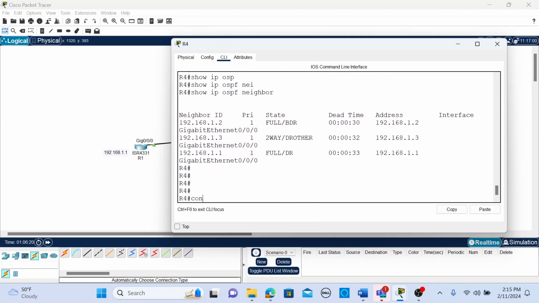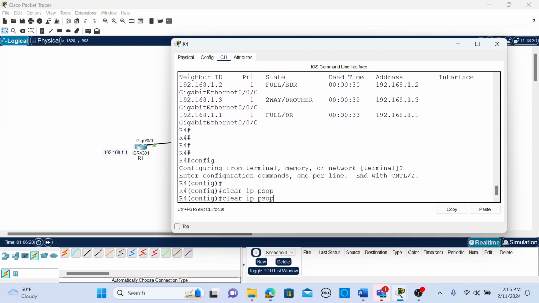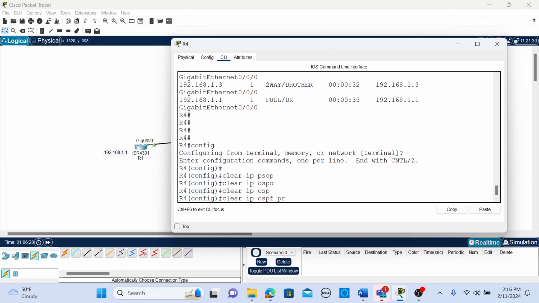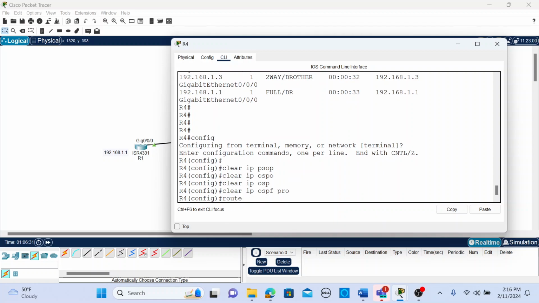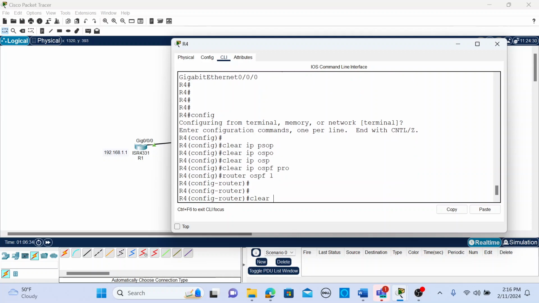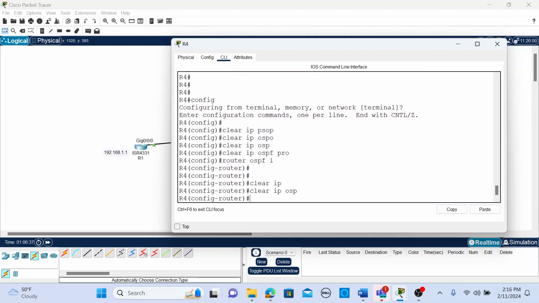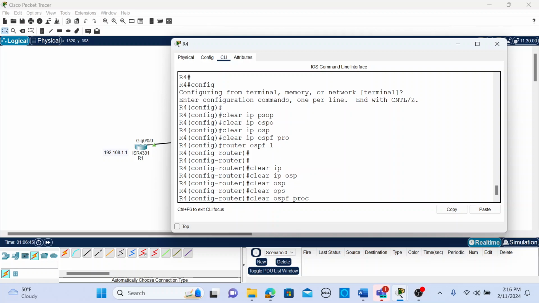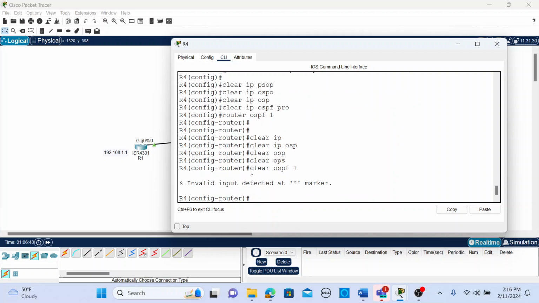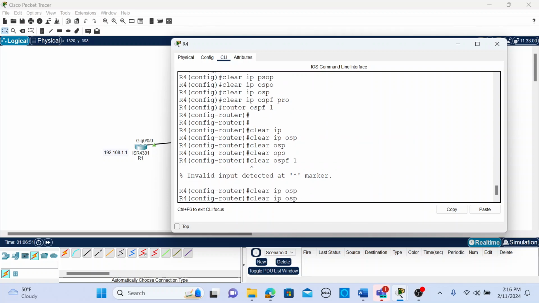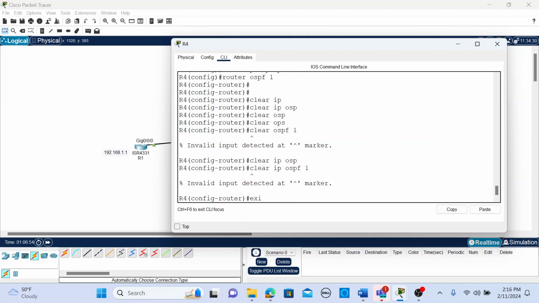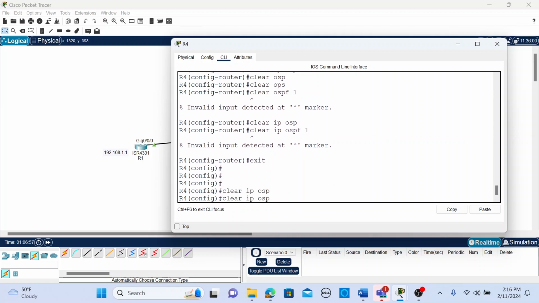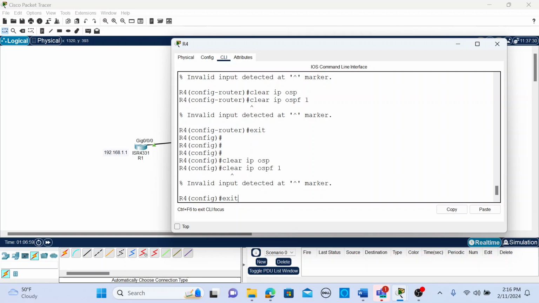So what happens is we have to clear the IP OSPF process. You have to be on OSPF 1, I guess. Clear ip ospf 1. No. Maybe I have to go onto the interface.